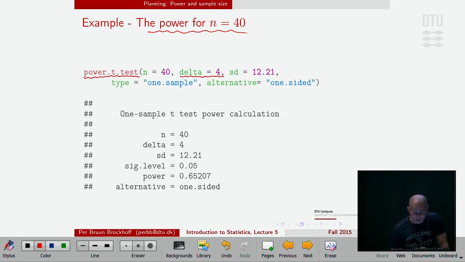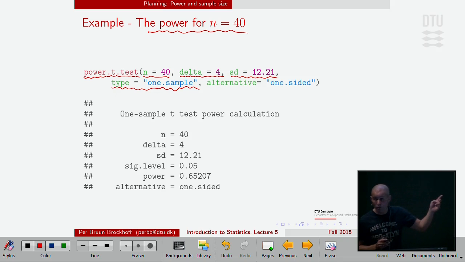Would I find it using n of 40 screens, making an assumption which now number-wise fits my height example and not my PC screen example, using some scenario guess for the standard deviation, in this case 12, telling the function that I'm doing a 1-sample t-test. This is all we learned today.